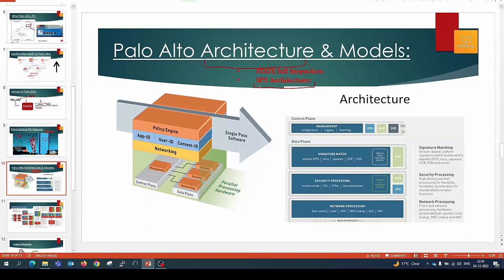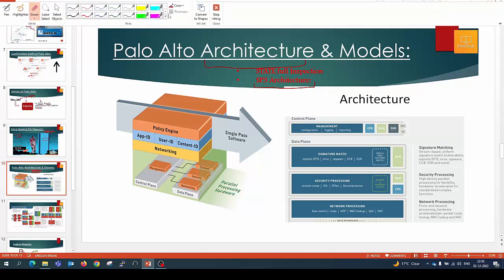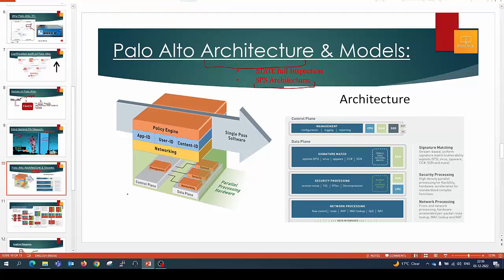First, they introduced the concept of parallel processing. Let me explain this first. In Palo Alto, you have two dedicated planes: one is your control plane, and one is your data plane.